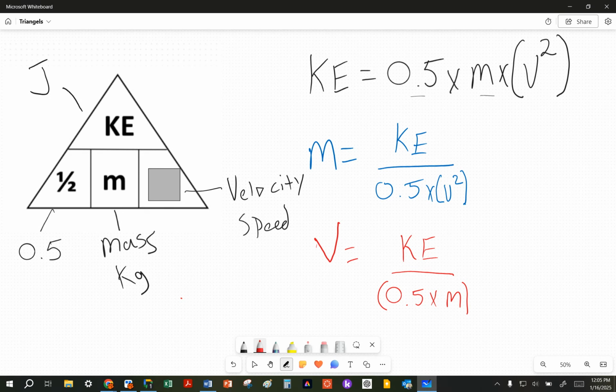Now, this is V squared. If you just solve it straight up, you'll get the V squared number. Nobody wants the V squared. You just want V. V is the plain number that you're looking for.